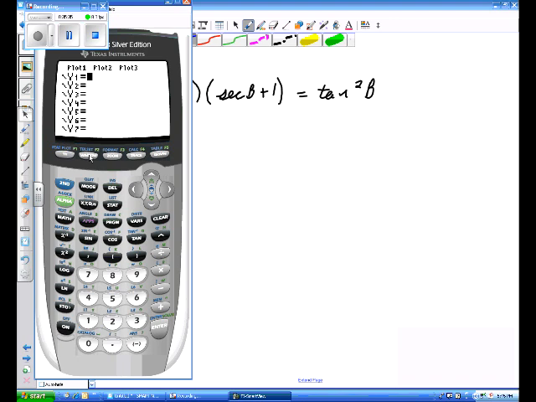As we go through to graph these, let's put it in the radian mode. Okay, mine is. So let's set our window where our x scale is between negative 2 pi and positive 2 pi.